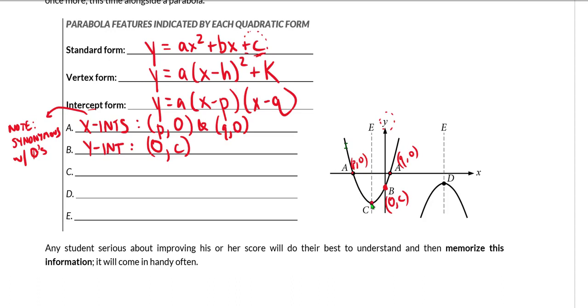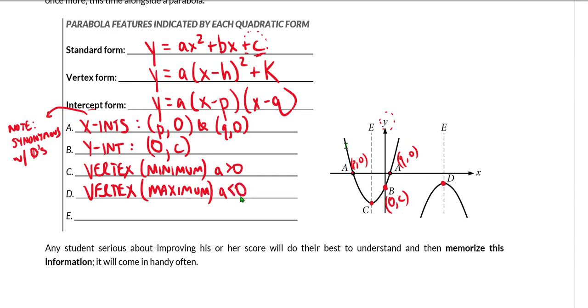Point C and point D, those are both vertices, so I'm going to write vertex and vertex. However, recall that C is a minimum and D is a maximum. And the way that we know whether we are dealing with a minimum or a maximum is minimum will be when a is greater than 0, and the maximum will be when a is less than 0, and that a comes from any of these forms.